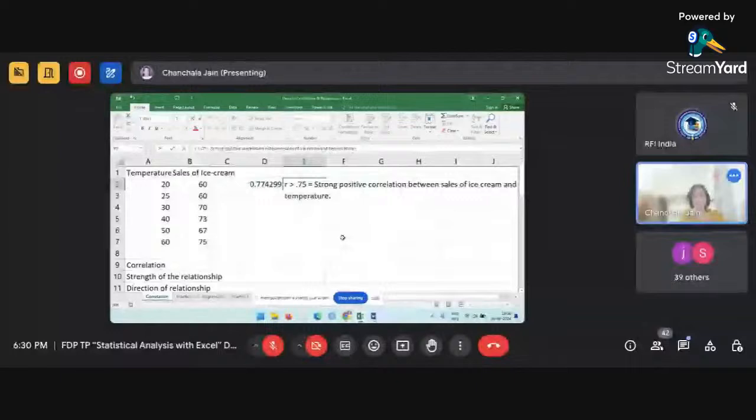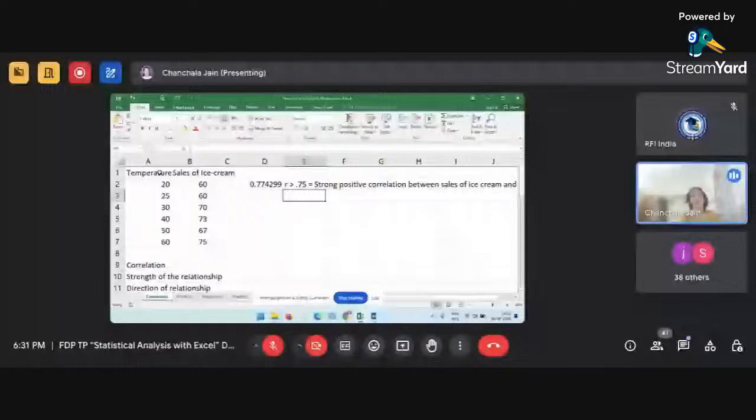So this is a strong positive correlation. That means if the temperature increases, there is a chance that the sales of ice cream will also increase. So there is a positive correlation. Clear to everyone?